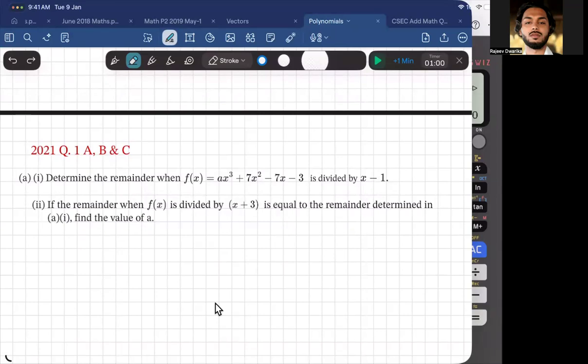Right? And I believe you made the same mistake for the other part, because in the other part you said f of minus 3 is equal to 0. Okay, I'll check it just now. So for the second part, you said f of minus 3 is equal to 0.